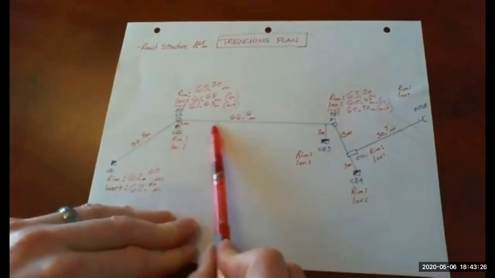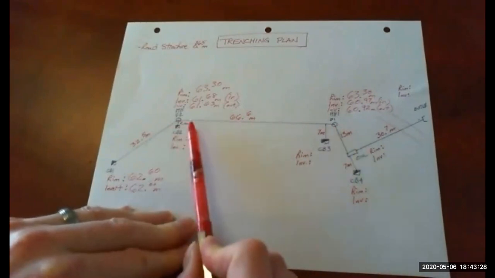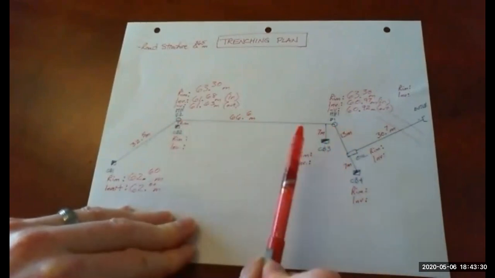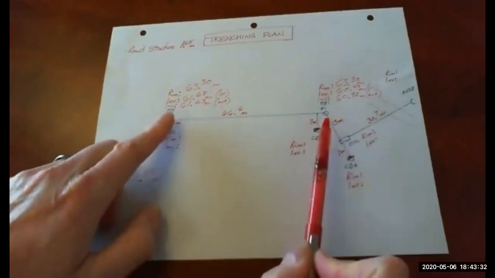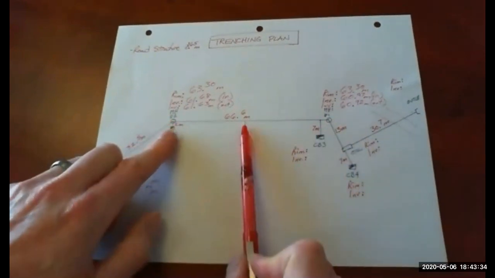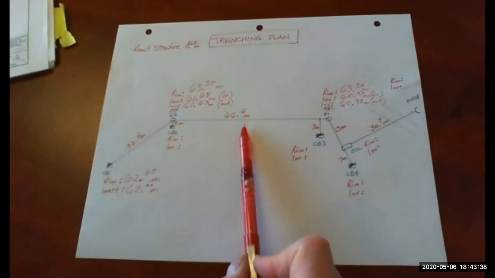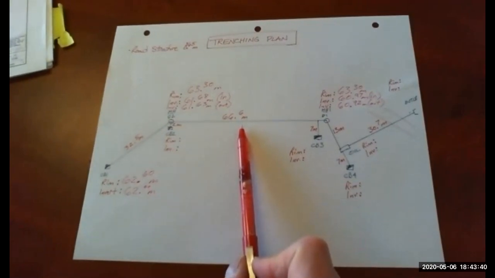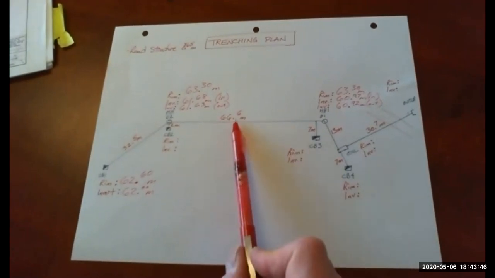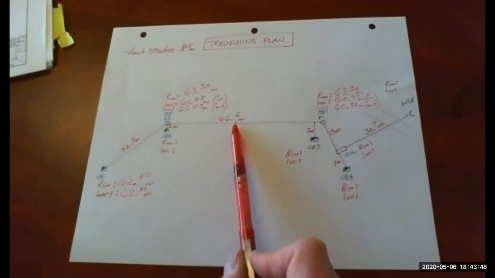I will mention that the length of the pipe between manholes, just between these 2 manholes, is given on the drawings. You don't have to scale it. It's in the profile. It tells you 66.59 meters of 250 millimeter diameter storm. So I rounded that to 66.6.